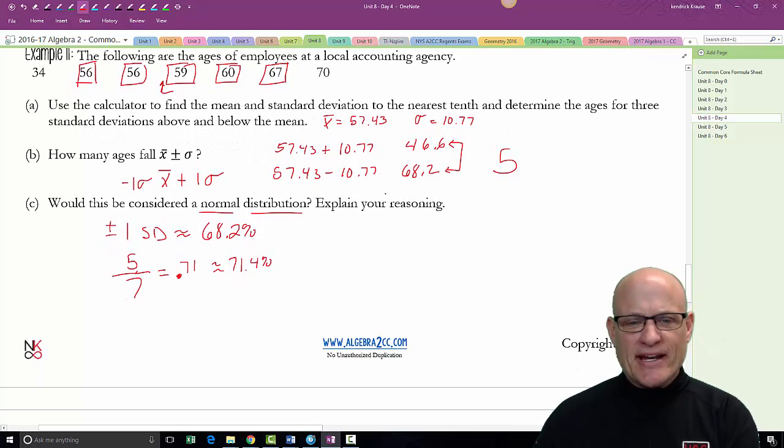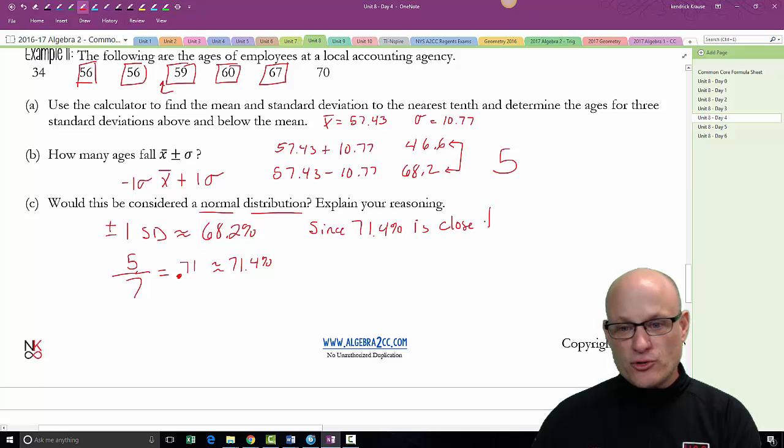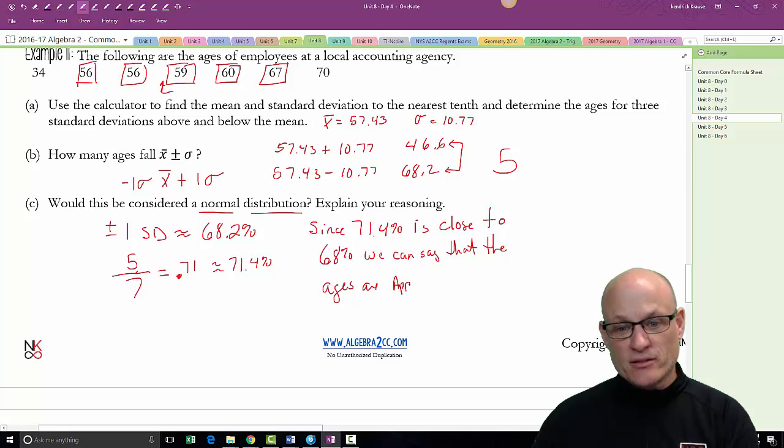And I guess what I would say is this is just a very rough estimate, but since 71.4% is close to 68%, we can say that the ages are approximately normal.